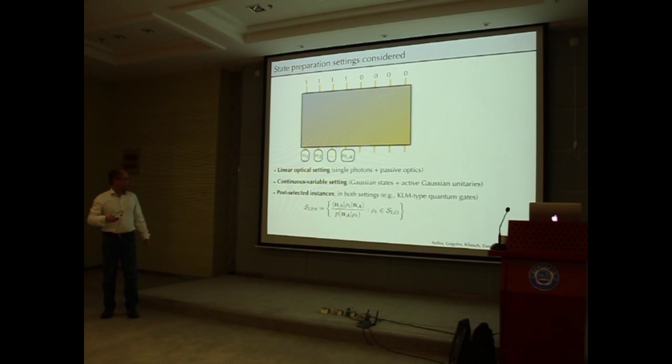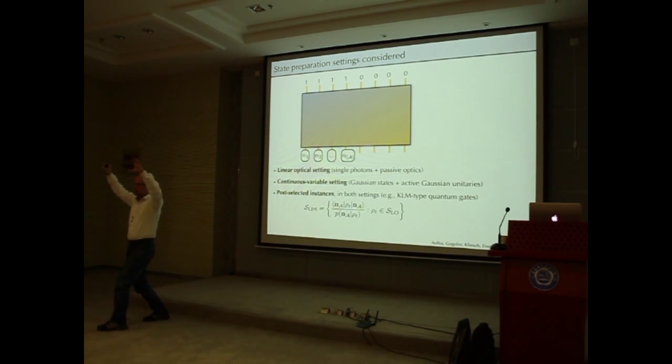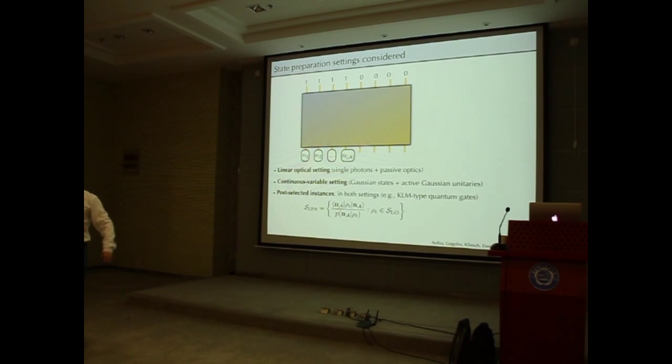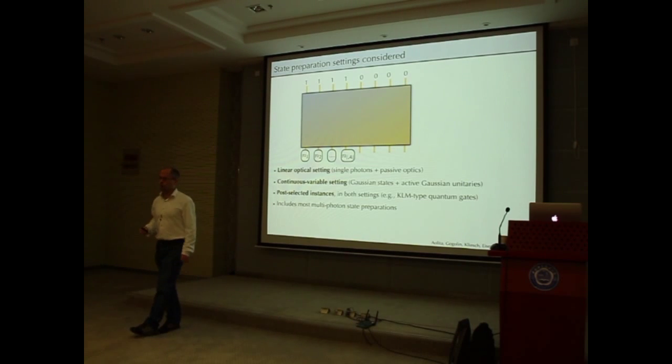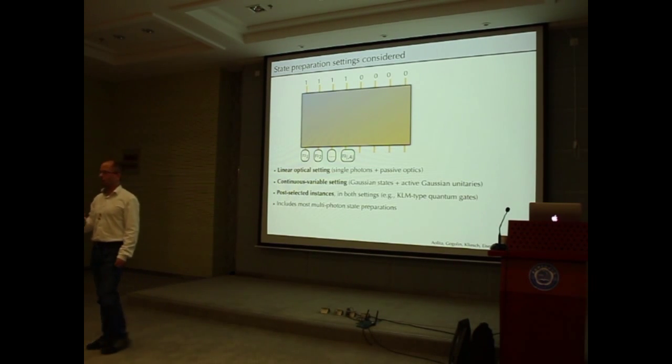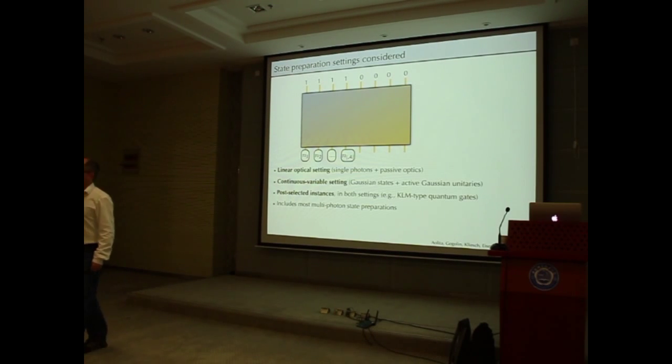Or you could think of post-selected instances of the KLM type, with certain photon patterns coming in. You would post-select onto certain outcomes of the photon patterns and condition on that type of outcome. That includes most, in fact almost all, multi-photon state preparations. Maybe the hybrids not, but most multi-photon state preparations that I'm aware of.